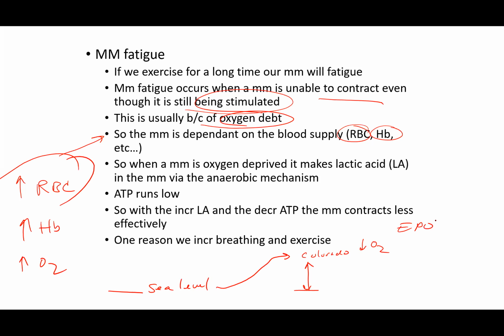We haven't talked about that yet, I don't think. That's an ANP2 thing. So you produce a lot of red blood cells, and then you go back down to sea level to perform. And you do amazing. I'm telling you, this works great. I did it once a long time ago.